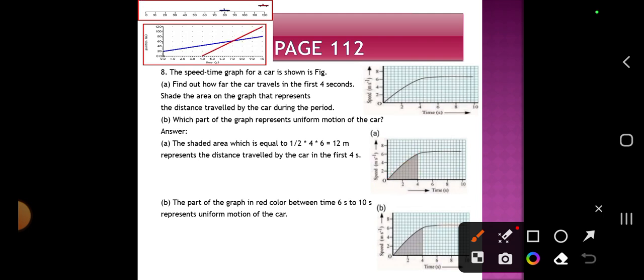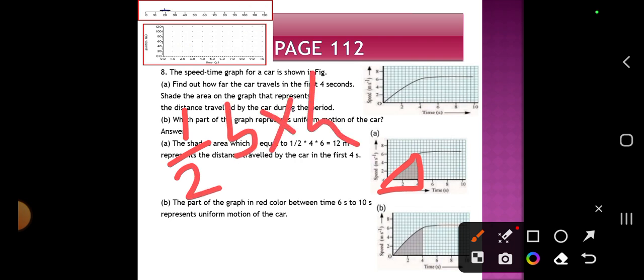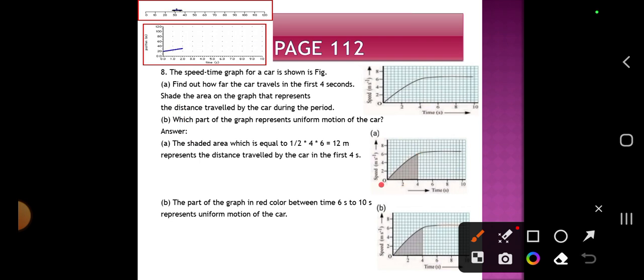So you can see here, this is the triangle. So what is the area of triangle? That is 1/2 base into height. What is the base here? You can see in this triangle, the base is 4.